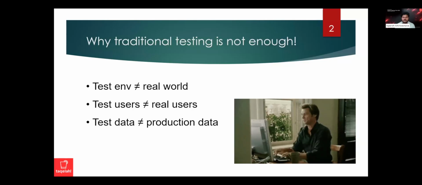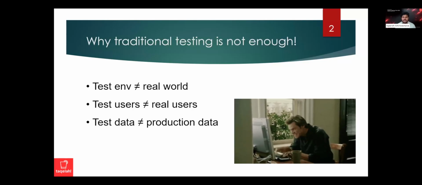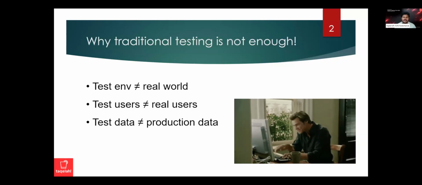Many times, or I think all the time, the test users are not the same as real users. What we do while testing is sometimes not the same as what a real user does on the production environment, right? And similarly, the third point, the data which we are using is realistic, but it is not real data.